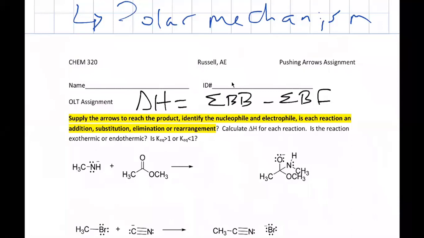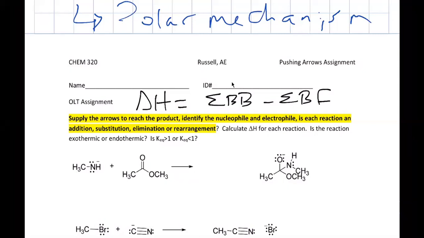All right. So for delta H, you can calculate that by looking at the sum of the energies of the bonds broken, and the sum of the energy of the bonds formed, right? For any given reaction, you always want to break weak bonds and make strong bonds. So your delta H is negative, right?